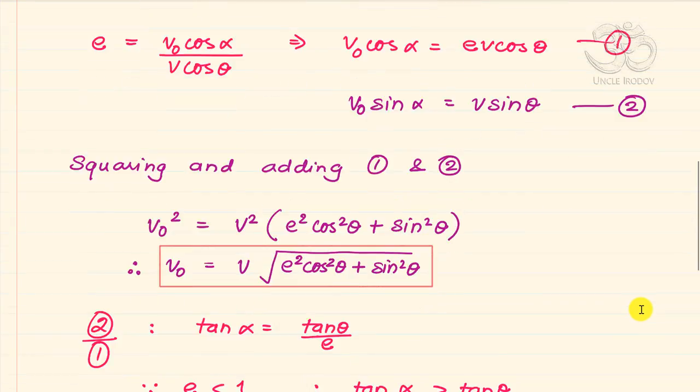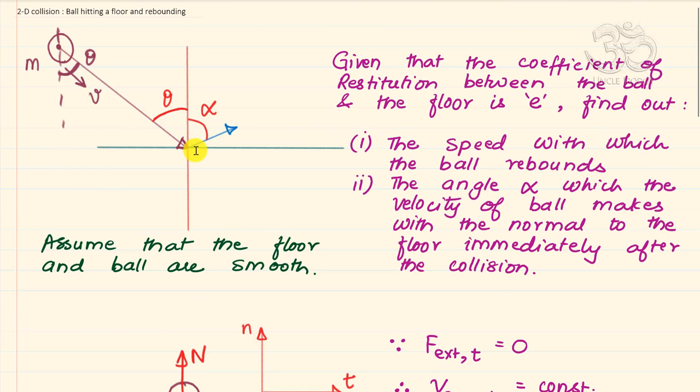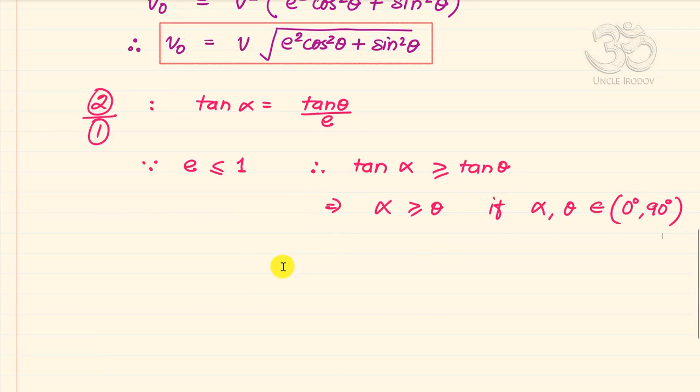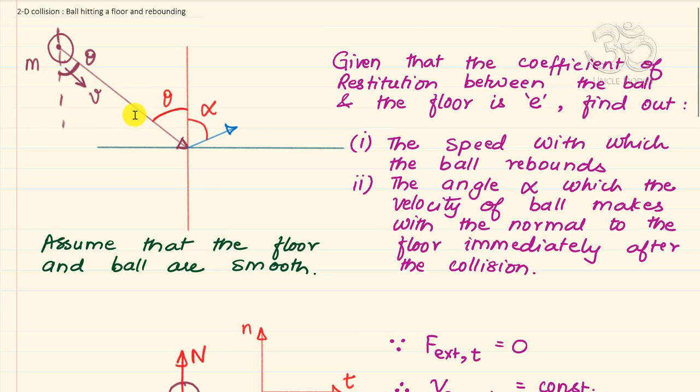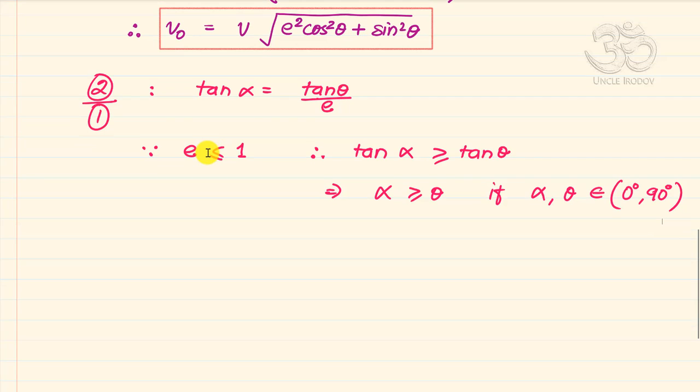And if theta is 90, then this ball will come sliding along the floor and nothing significant will happen because the ball and the floor both are smooth. So we are going to exclude those angles, but other than that, if I look at any other angle within this range, if tan of alpha is more than tan of theta, then alpha is more than theta. That means I expect this ball to have an angle of incidence theta that is lesser than the angle of reflection alpha. So the laws of reflection do not exactly hold. But then there is a special case in which the laws of reflection will hold.